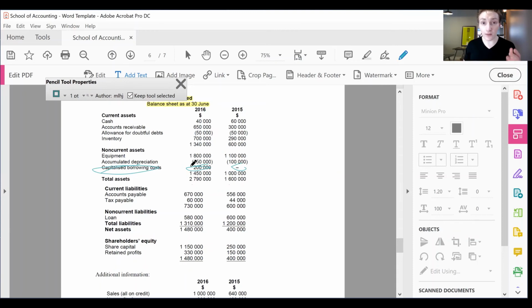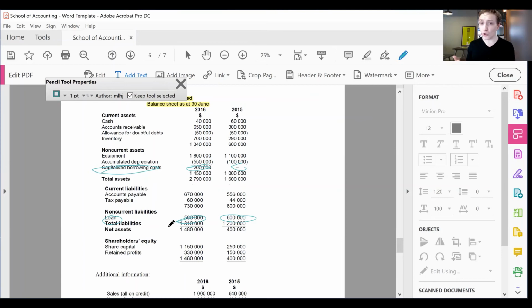So to look at this, let's look at our borrowings. In particular, those borrowing costs are going to pertain to the loan. So here the loan was 600K and is now 580K. What that means is it's not obvious that there would have been a significant change in our borrowing costs. Those borrowing costs would be things in terms of, say, bank fees.